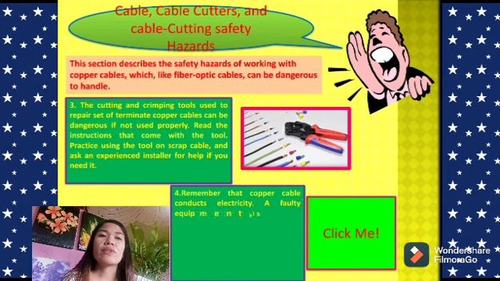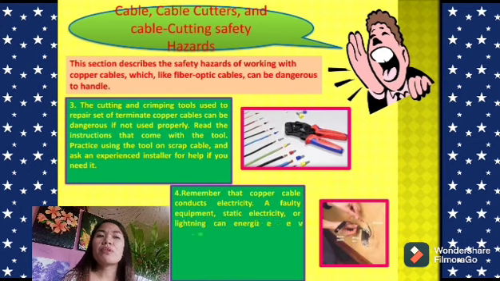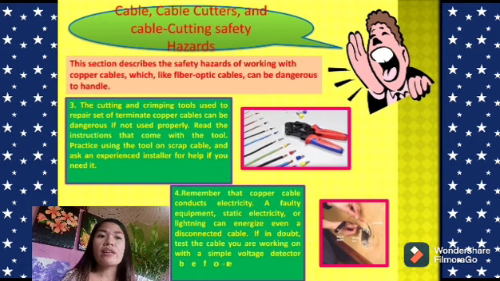Next, remember that copper cable conducts electricity, and lightning can energize even a disconnected cable. If in doubt, test the cable you are working on with a simple voltage detector before touching it.